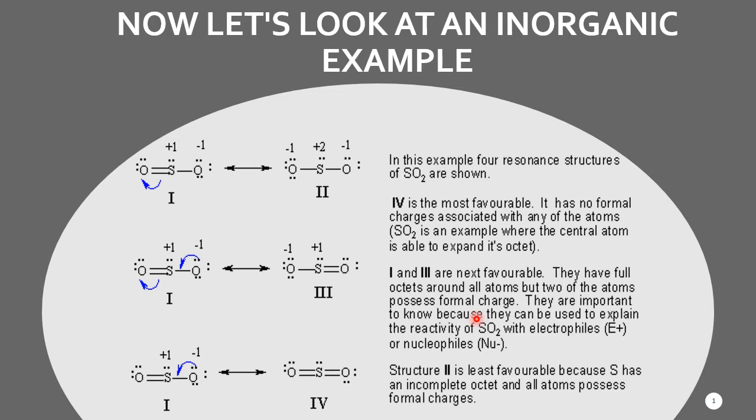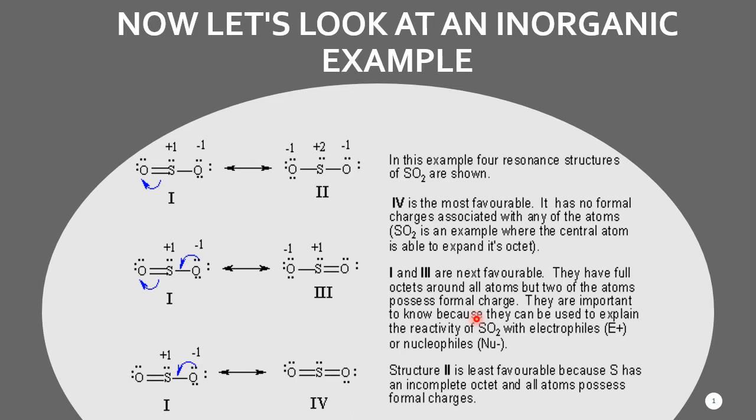Sigma bond is very strong because it is direct overlapping, whereas pi bond forms because of side interactions. That's why it is not so strong. When it is not so strong, it keeps moving depending upon the requirement. That becomes resonance.